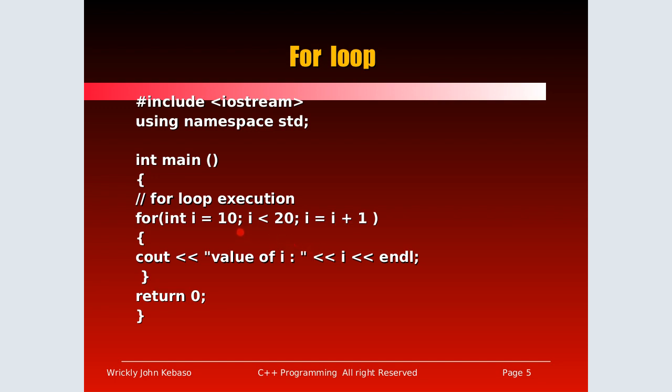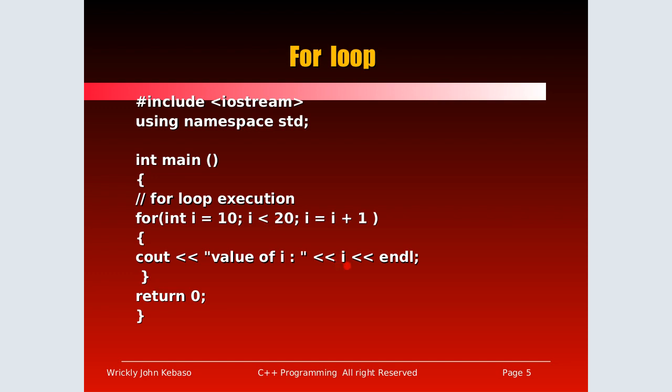Then go back with 11, check whether 11 is less than 20, and if so, it continues again, increases 11 by 1, gets 12, displays 12, and the loop will continue until our statement becomes false, whereby I will be greater than or equal to 20, and that will be false, and that loop will stop.